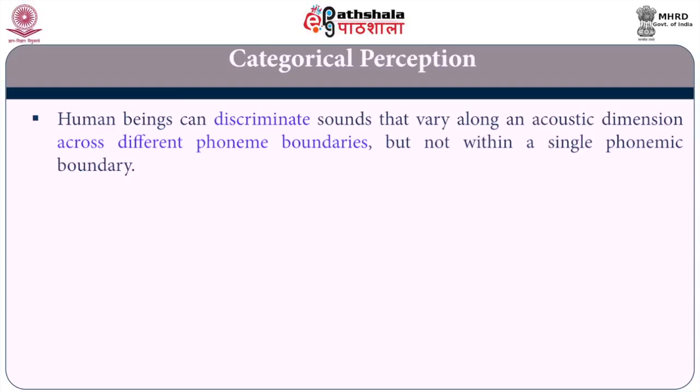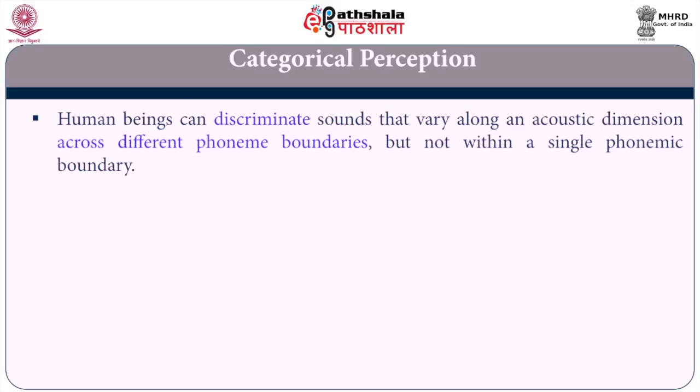How much acoustic information do you need to identify something as pa? And does that acoustic information change from native speaker to native speaker? These are the questions that researchers on categorical perception address.